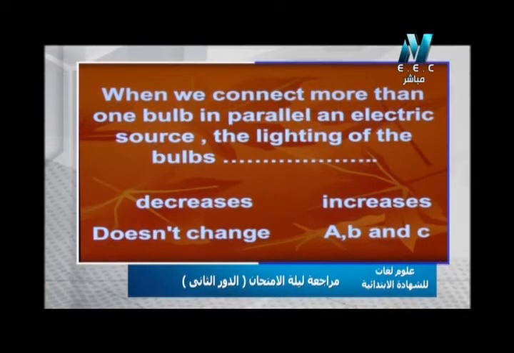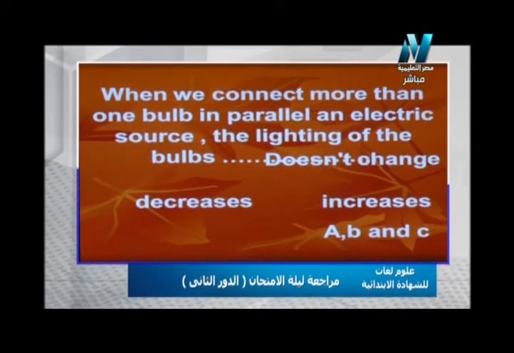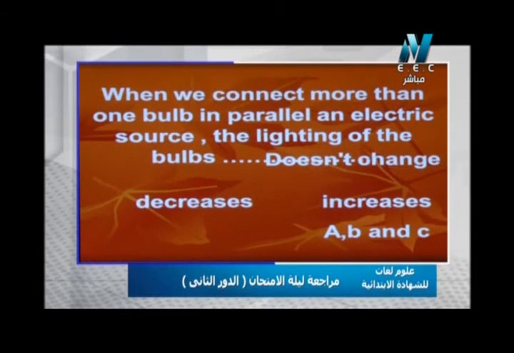So the lighting doesn't change, because each lamp works independently. So again, the answer of this question will be that it doesn't change. When we connect more than one bulb in parallel, the lighting of the bulbs doesn't change.